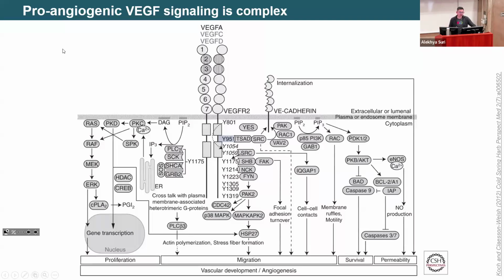So in this particular image, what you have is a single VEGF receptor, which is VEGF receptor 2, right? With its extracellular domain. And VEGF receptor 2 is known to very importantly bind VEGF A, C, and D. VEGF A is the standard VEGF.